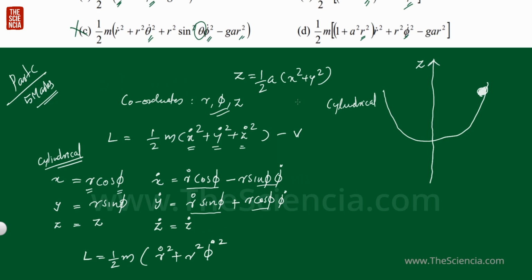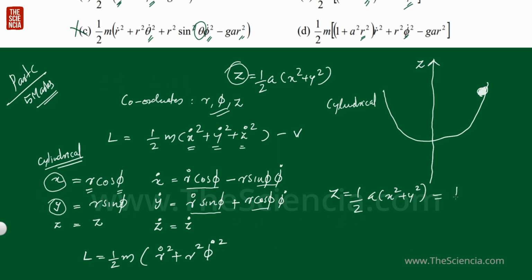Okay, so next we have to consider z dot square. Here in the problem the z value is given, that is z equal to 1 by 2 a (x square plus y square). And you substitute this x value and y value here. So what do you get?